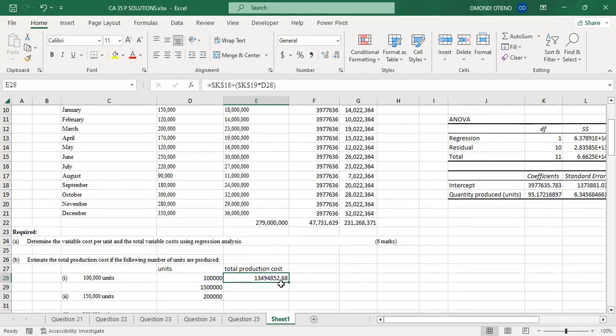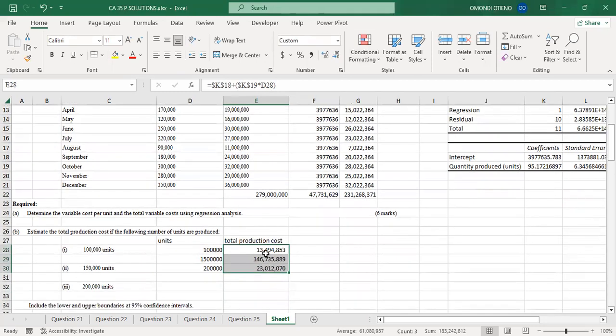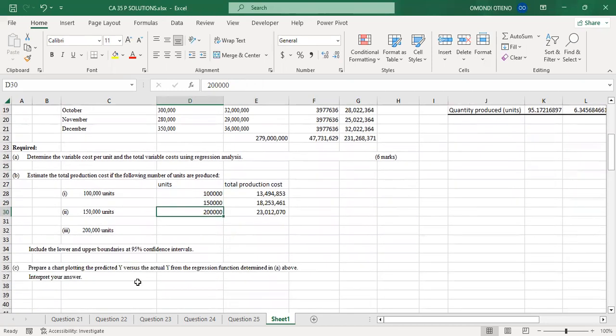So if I do that, I'll be able to come up with the total production cost of producing these units. So that's 150,000. And here is my results for the total production cost, which is required in part B of the question.